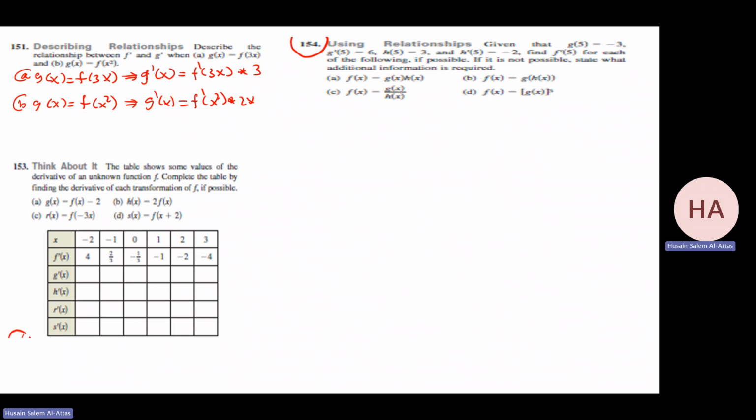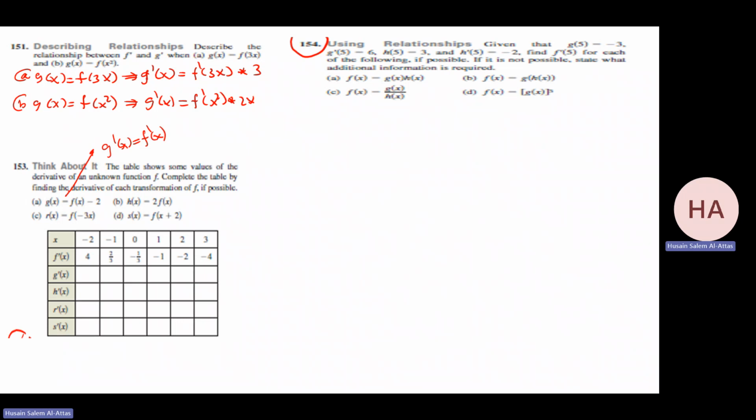51. He wants us to find derivative using these relations. So now, in this one, g prime of x equals f prime at x. No difference.